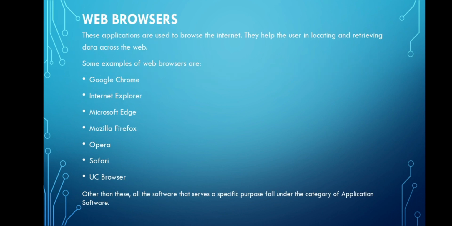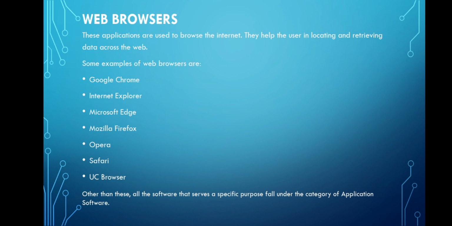Web browser. These applications are used to browse the internet. They help the user in locating and retrieving data across the web. Ito yung palagi nating pinagsesearchan ng sagot, ganun.